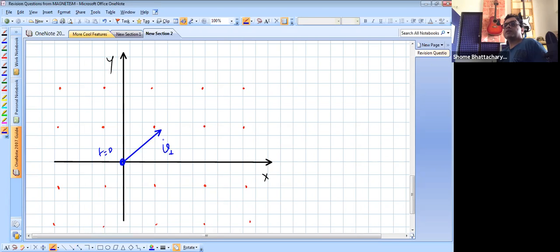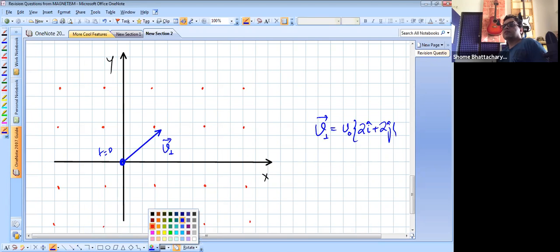This is the v perpendicular. And of course, we have the uniform magnetic field, which is coming out of the plane.